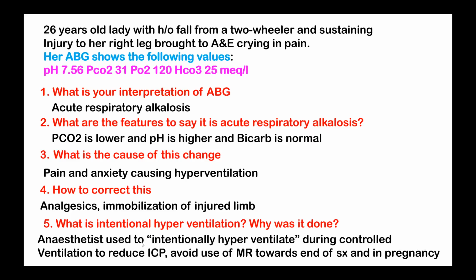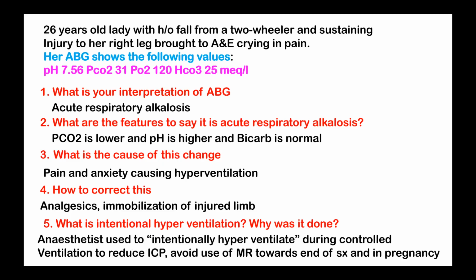As a temporary measure, when the surgeon opens the dura and it is bulging, we used to hyperventilate and reduce the blood flow to the brain and reduce the ICP, and the dura will automatically go back to its normal place.